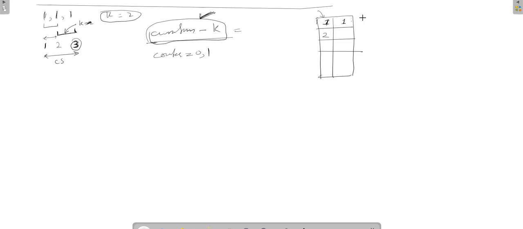But then the question is, is it possible that we would have more than one subarray with the same cumulative sum? And yes, that's a possibility. In that case, we would have this thing at 2 or 3, right? And then we're going to take this number and increment the counter according to this frequency.